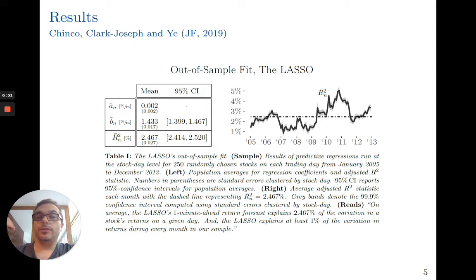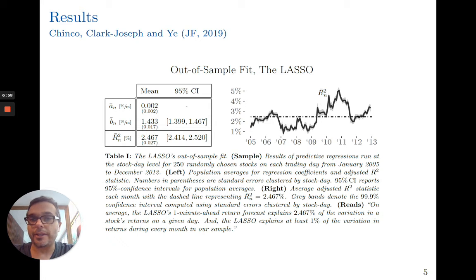Okay? And Lasso explains at least 1% of the variation of returns during every month in the sample. So you may think, well, 2.5% is too small. But for this kind of problem, this is really a high frequency forecast of returns. These numbers are huge.